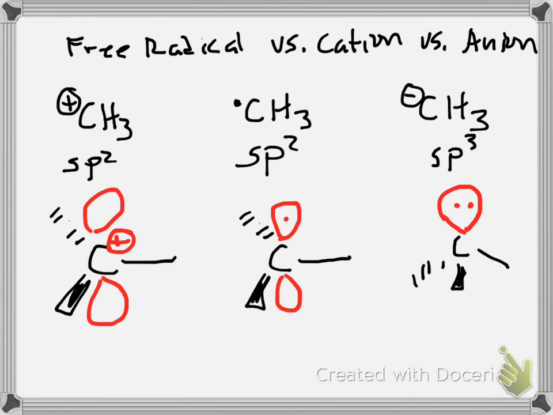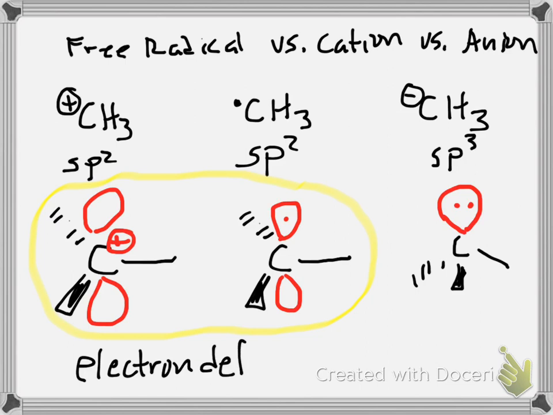The important thing to realize about both the radical and the cation, both of these are electron deficient. The cation, of course, desires to form a bond with something that has two electrons. A free radical wants to form a bond with something that has one electron.